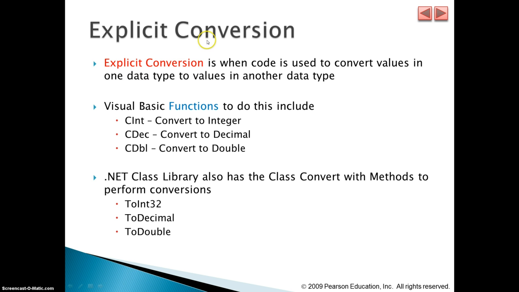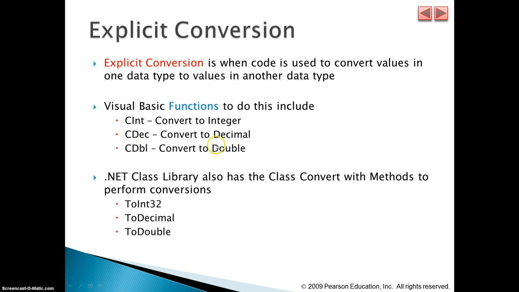Now, explicit conversion is when you use some sort of coding mechanism to move between data types. So I know I've shown you this one, convert to integer, and I have a similar one, convert to string. So these are VB functions that you call to take, for example, in this case, a string value and convert it to an integer.